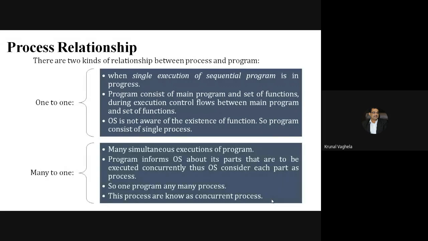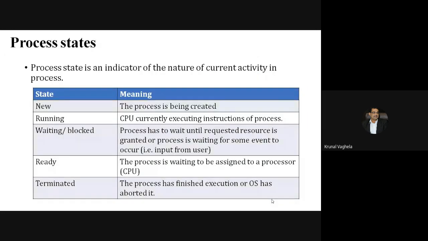And many-to-one is when the program is divided into smaller modular functions, and the operating system treats each part as a separate program, so as a separate process. That is many-to-one.